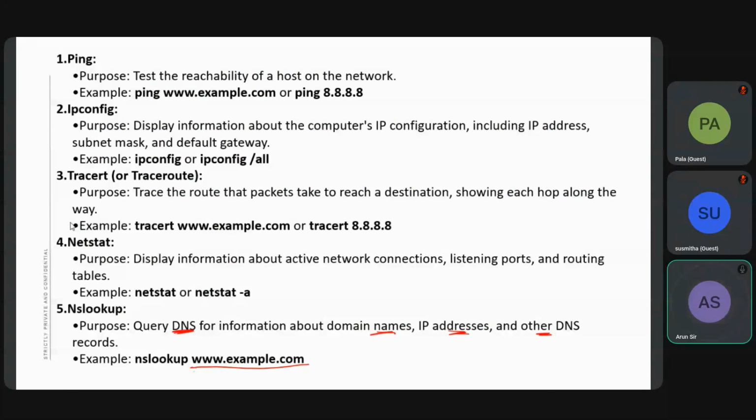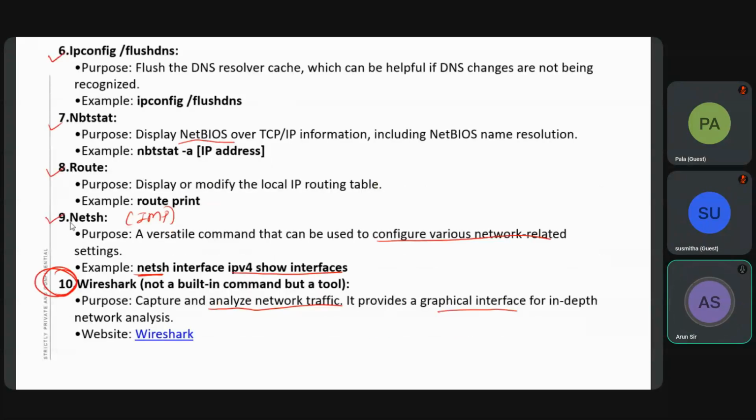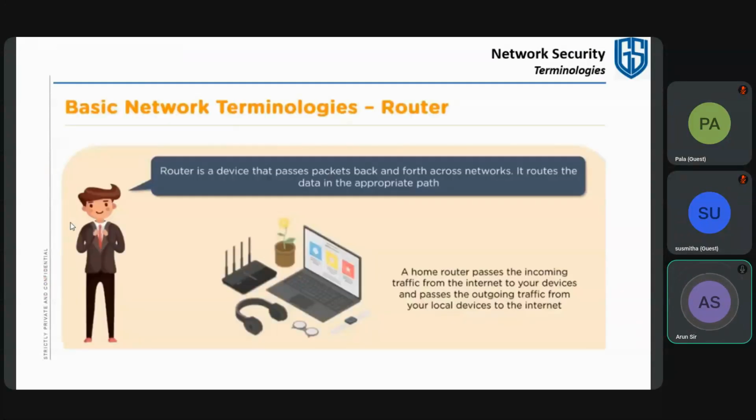These commands are also helpful to know whether the system is acting properly or not, and we can also use them for security purposes as well. So these were the commands that we saw in the last session of the training.